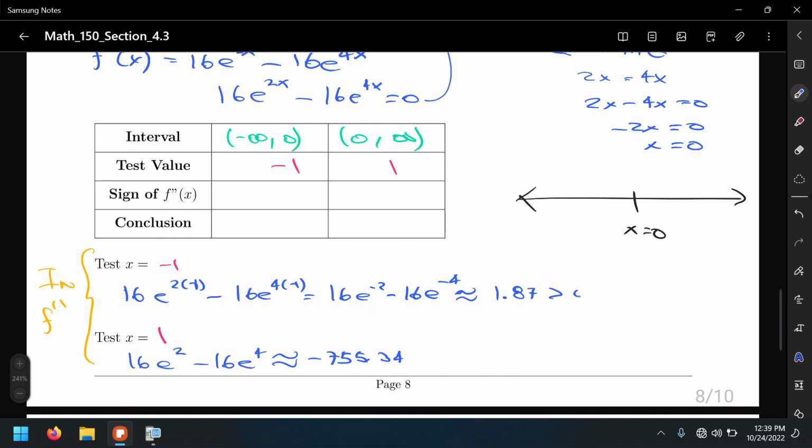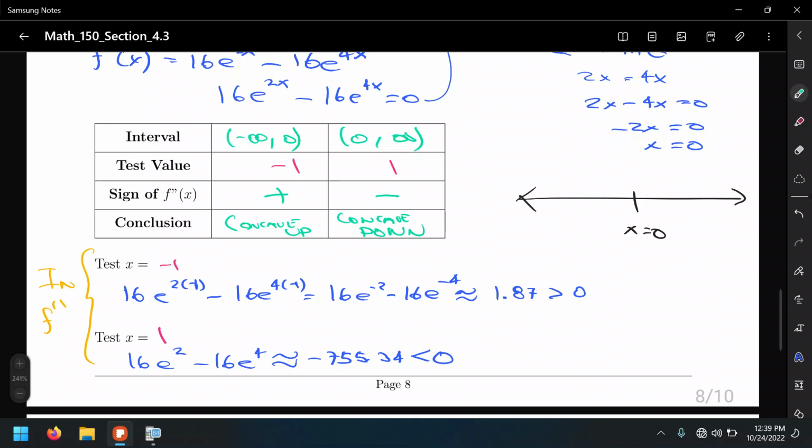This means greater than 0 and this means less than 0. So that's only to determine positive and negative. That's concave up and concave down.